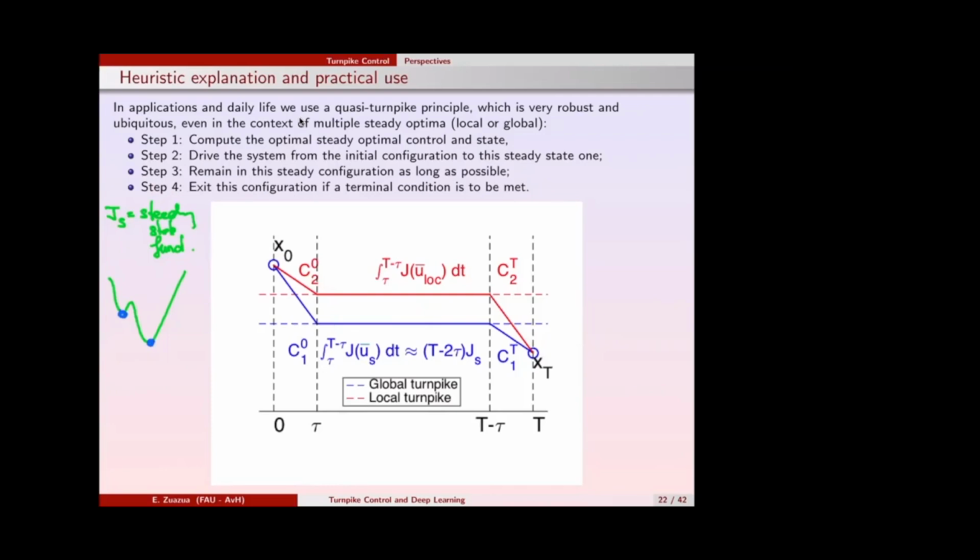Of course, you see that, in this case, if the distance to destination is very long, it will always pay off to go to the global minimizer.